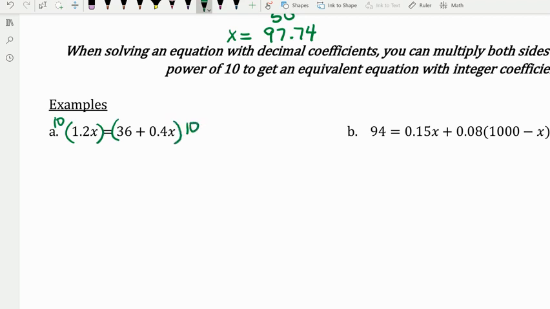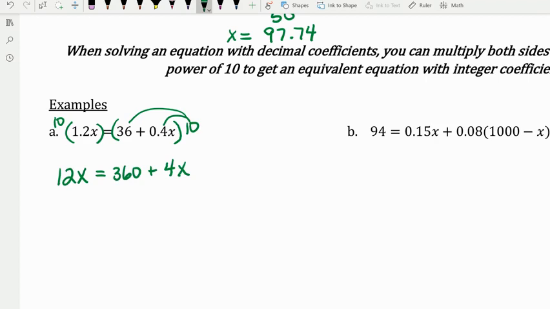And remember over here, that means I have to distribute that 10 to both of those things. So when I do 10 times 1.2x, well, that just becomes 12x. I move the decimal one place to the right. Equals 36 times 10 would be 360. And then 4/10 times 10 would be 4x, or move the decimal one place to the right.